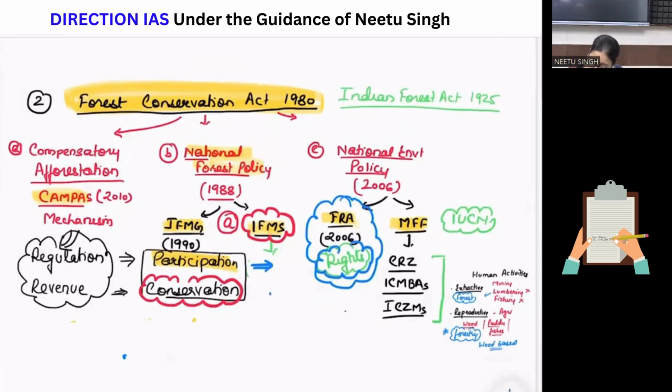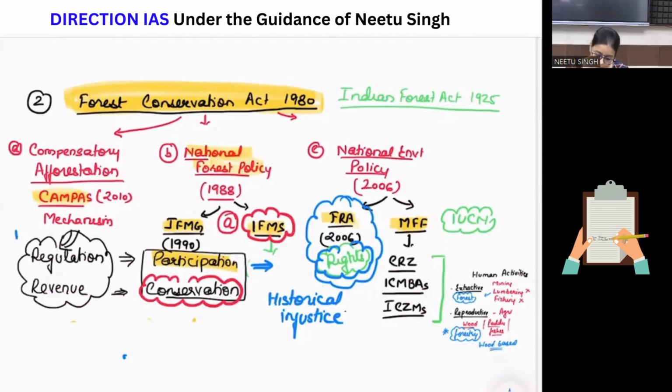So the National Environment Policy talked about historical injustice, that we have been unjust to the traditional forest dwellers in terms of their right on land and forest. It's high time that India should give recognition to the traditional forest dwellers in terms of their right. Forest Rights Act 2006 came into being. So Indian forest conservation added a new feather to its list.